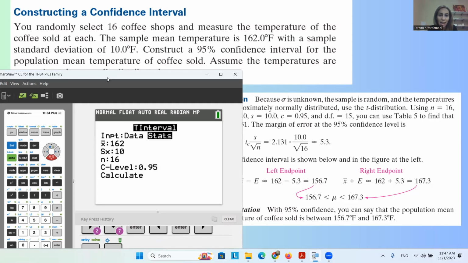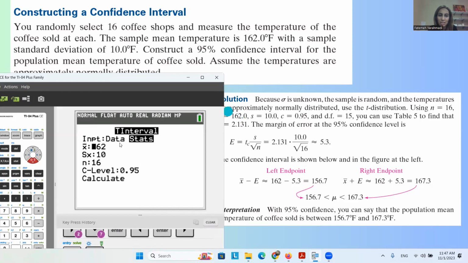What is X bar? What is the average temperature? The average temperature of your sample is 162. What is S sub X? What is the sample standard deviation? 10 degrees. What is N? What is the sample size? It is 16 coffee shops. What is the confidence level? It says construct a 95% confidence interval.